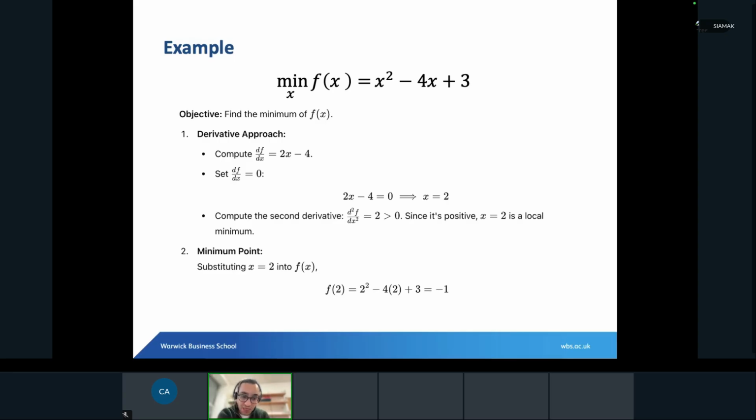Greater than or equal, less than or equal. So equality is also included. When it is greater than or equal to 0, it is a convex function. When it is greater than 0, as you wrote, it becomes strictly convex. Okay.